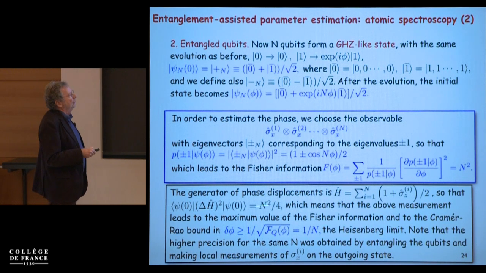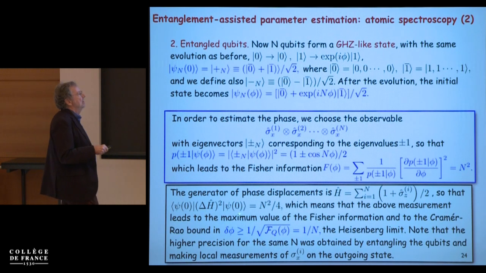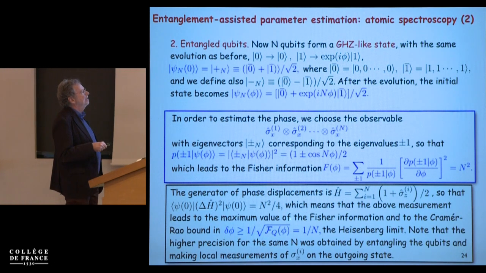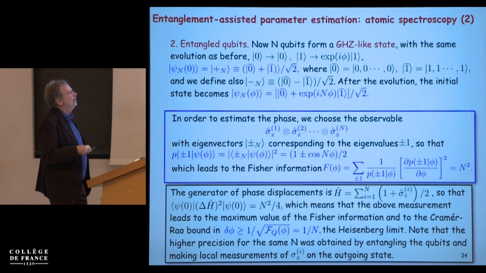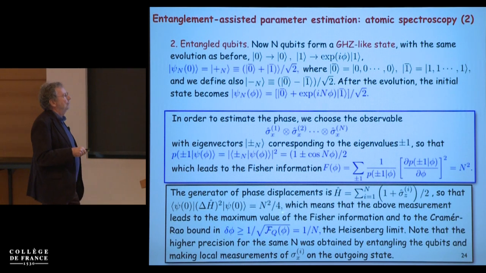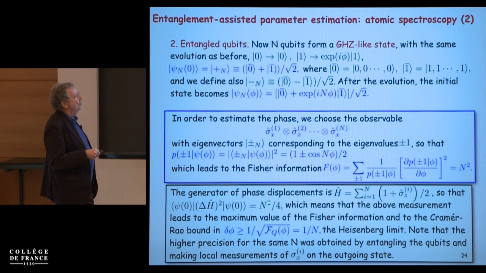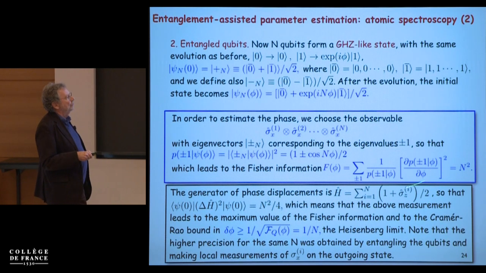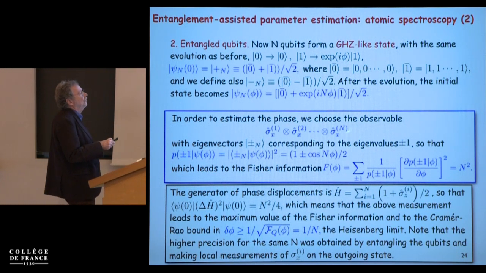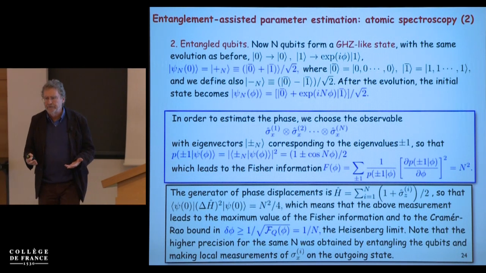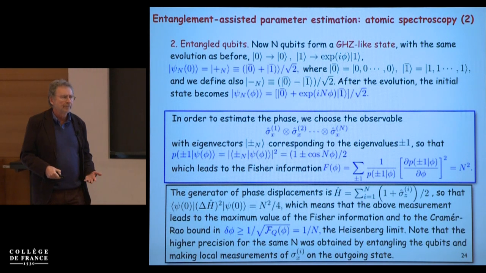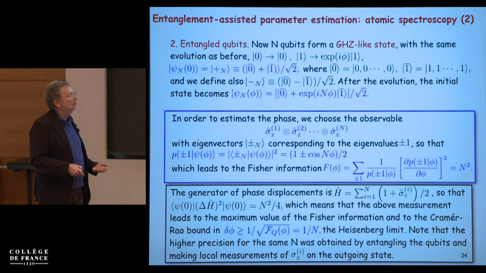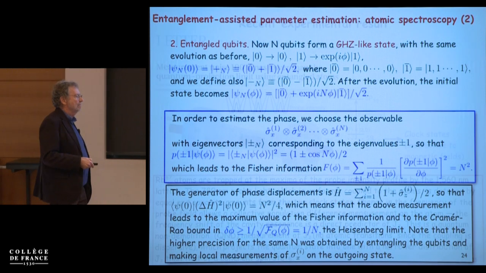So the variance of this operator in the initial state of the system is equal to n squared over 4. And therefore, this measurement leads indeed to the maximum value of the Fisher information, because the quantum Fisher information is 4 times this, which coincides with that. Okay? So this shows that separable measurements are enough to get to the Heisenberg limit. You don't need an entangled measurement.